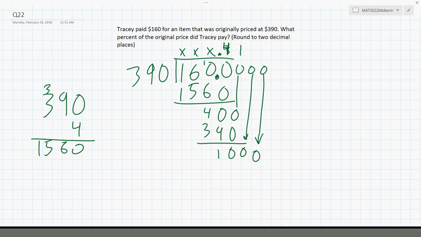Before I go too crazy and keep going on the division, we need to round to 2 decimal places, right? So we're at 41% already. Next one is going to tell me whether or not I'm rounding up or down.